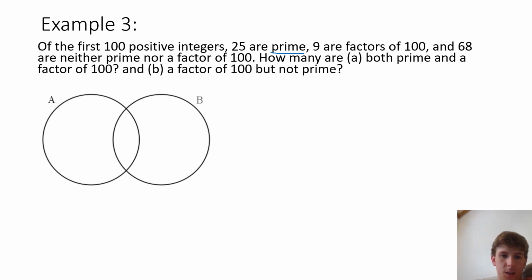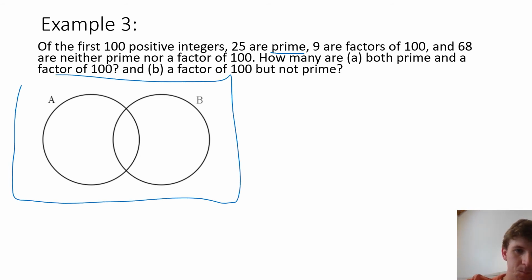So once again, let's start. I'm just going to fill out the Venn diagram. This time they give us the neither. They give us that 68 are neither. So I'm going to fill in that section first. I will refer to the prime ones as set A and the factors of 100 as set B here.